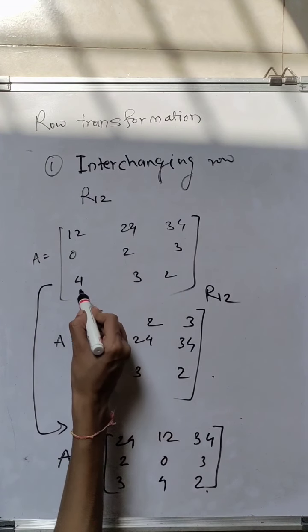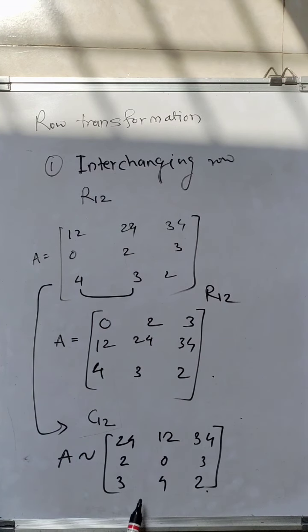That is, we interchange the first and second column. So in this way, row transformations and column transformations are applied on matrices.